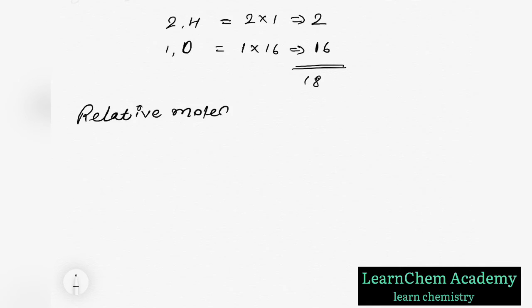Relative molecular mass is the mass of a substance compared to 1 by 12th of the mass of an atom of carbon 12.